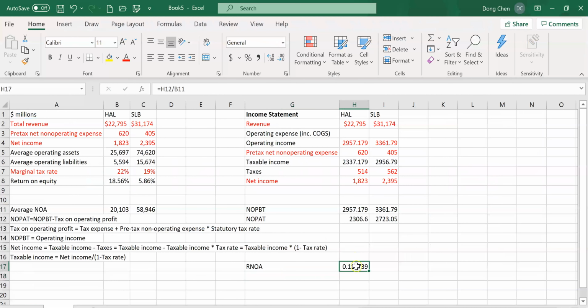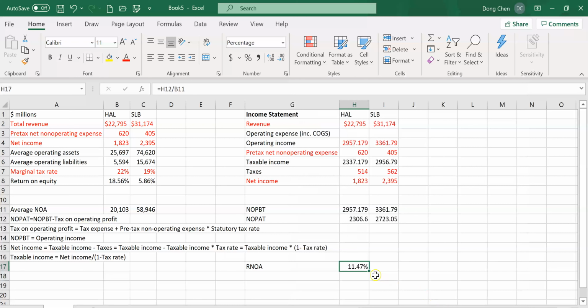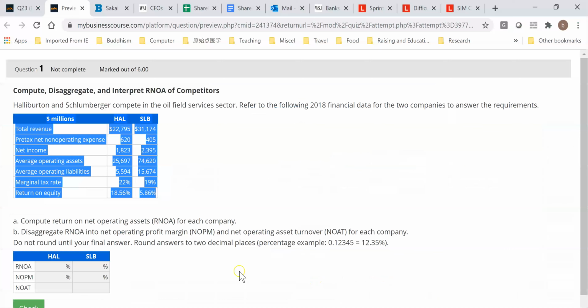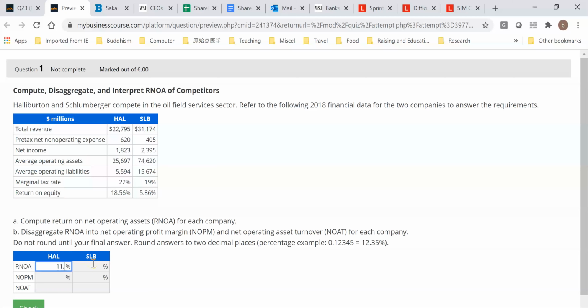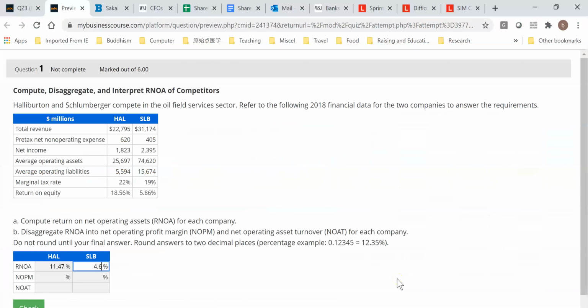So I need to change the format to percentage and keep 2 decimal places, and move the cursor to the other side to get the same for the other company. Now we can copy the numbers back, 11.47%, and 4.62% for the other company.